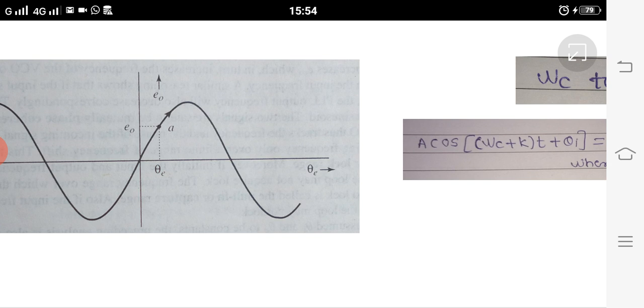Similar reasoning shows that if the input sinusoid frequency decreases, the PLL output frequency will also decrease correspondingly. Thus, the PLL tracks the input sinusoid. The two signals are said to be mutually phase coherent or in a phase lock. Therefore, the VCO tracks the frequency and the phase of the incoming signal.